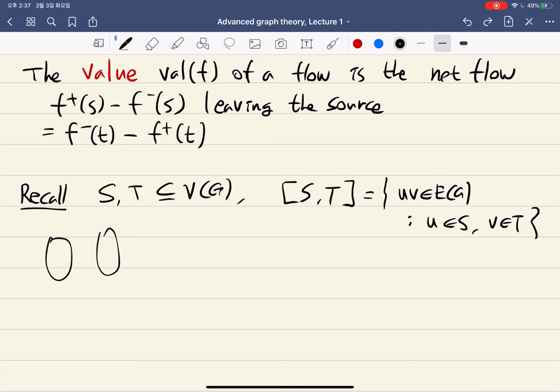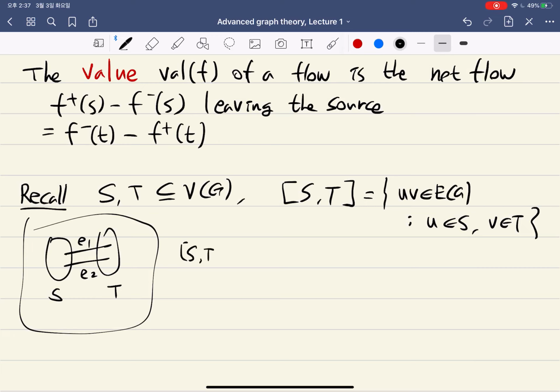So it depends on the context. So for example, in the graph case, you have this E1 and E2, then (S, T) is E1, E2. But in the directed graph case, we only take the E1.